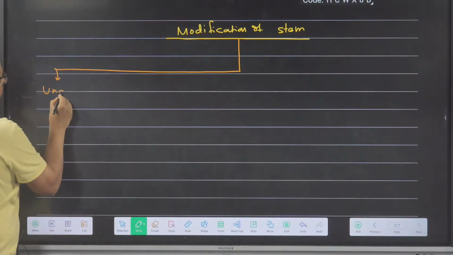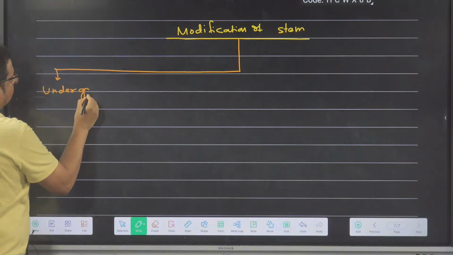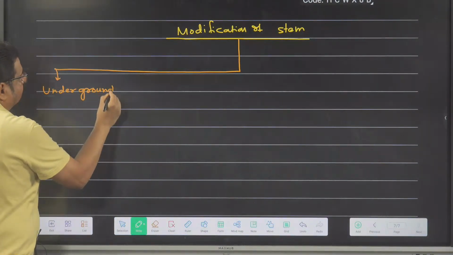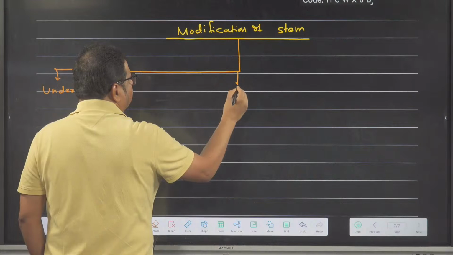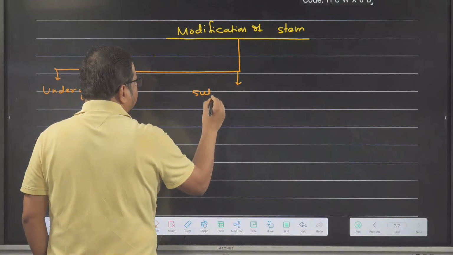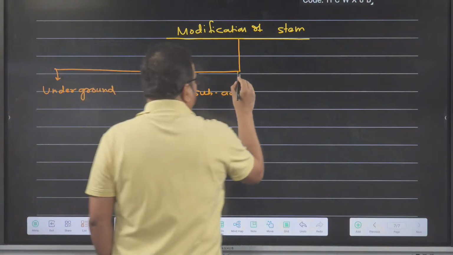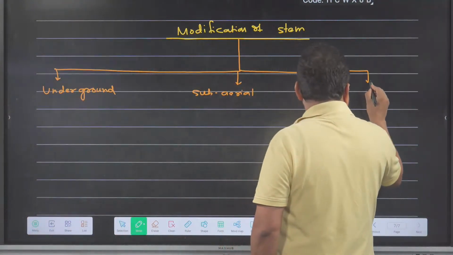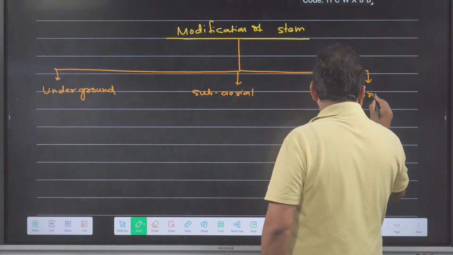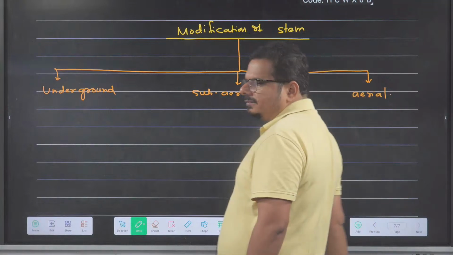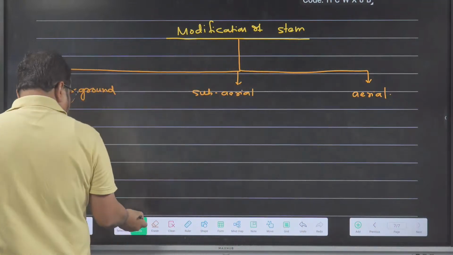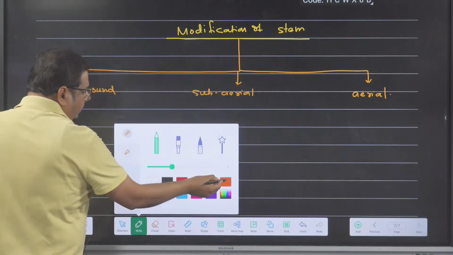First is underground modification. Second is sub-aerial modification. And third one is aerial modification. These three types of modification are mentioned in the NCERT.